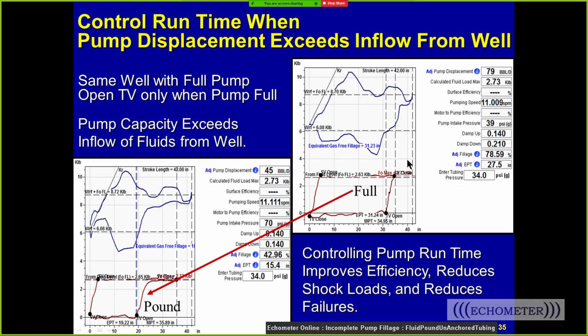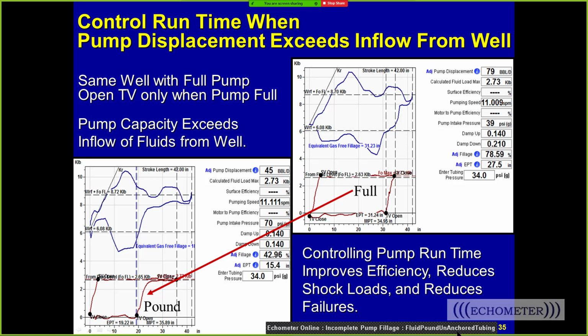The pump off controller can monitor and see when the pump's not full. And when it's not full, it turns off, and then after a certain amount of time goes by, it turns on and pumps full. Again, it turns off when it's not full. Or you can have a variable speed drive to slow it down and run at a constant speed and not have incomplete pump fillage.